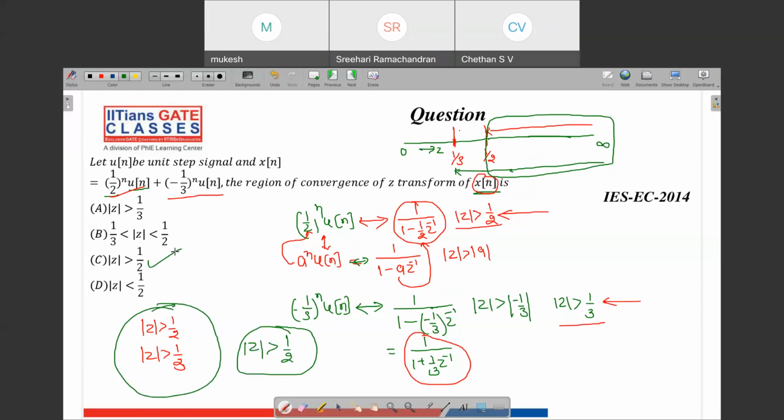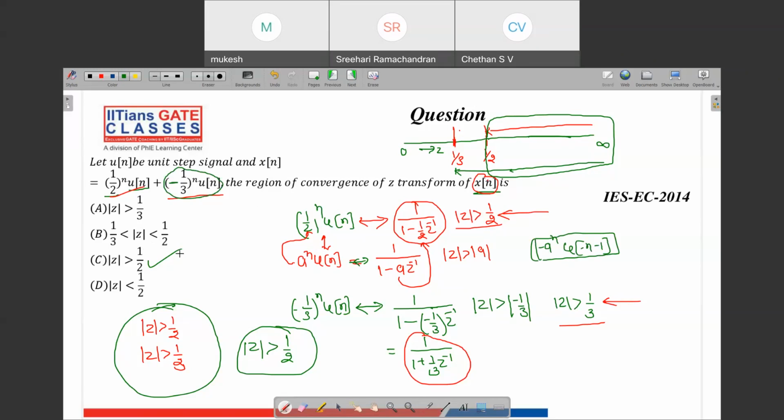Now, the mistake that people make here is that because there is a minus sign here, but there is no minus sign here, they get confused and think of this as a signal which is something like a to the power n u[-n-1], and use the Z transform of that one to calculate the Z transform of this, and then the result will be wrong.